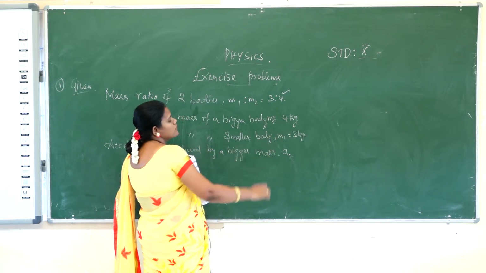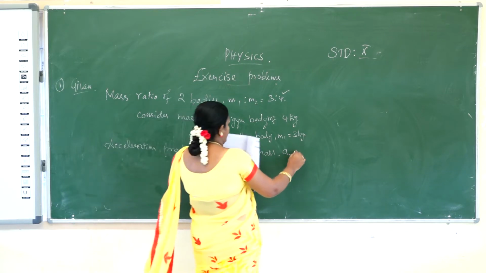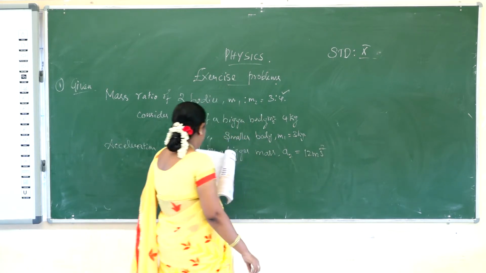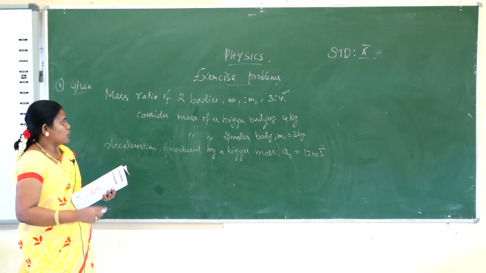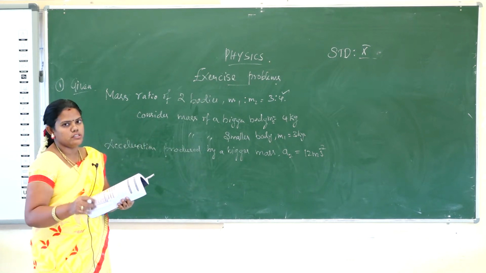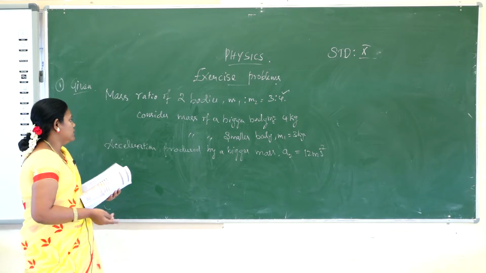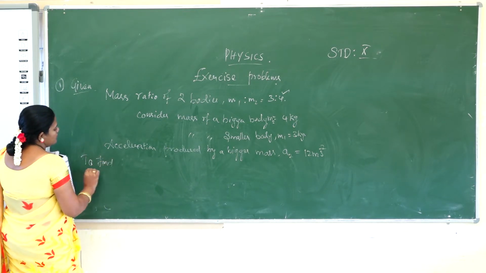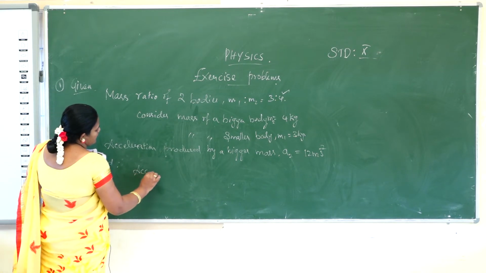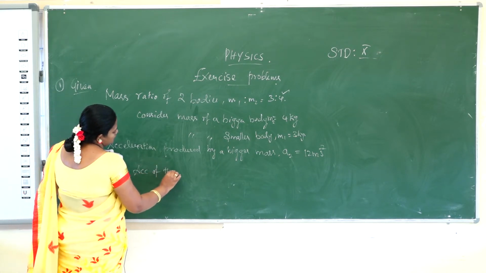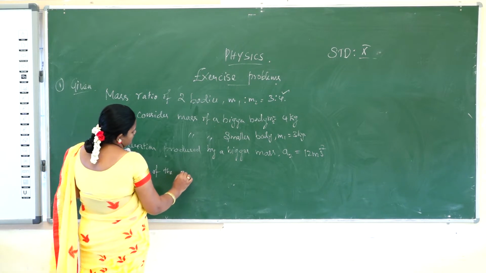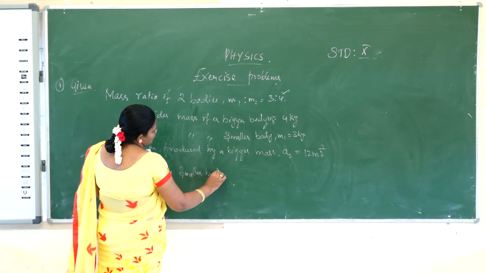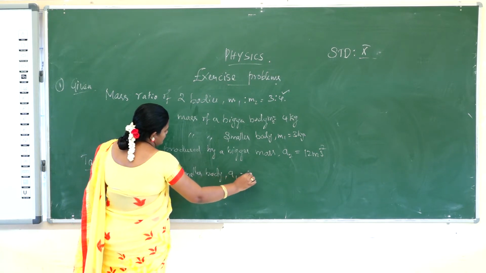So we consider the acceleration a2 is equal to 12 meter per second square. So the masses are given and the acceleration of the second body is given. What will we find out? To find: the acceleration of the smaller body, a1, is equal to question mark.